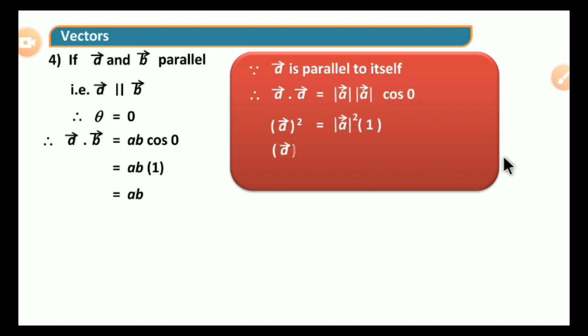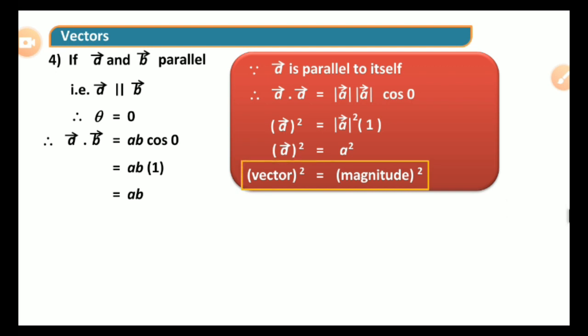Therefore, vector A whole square is always equal to A square, where magnitude of vector A is equal to A. Therefore, vector square is always equal to its magnitude square. So remember, this is also a very important note, students. Whenever we multiply the same vector two times, that vector square is always equal to the square of its magnitude.